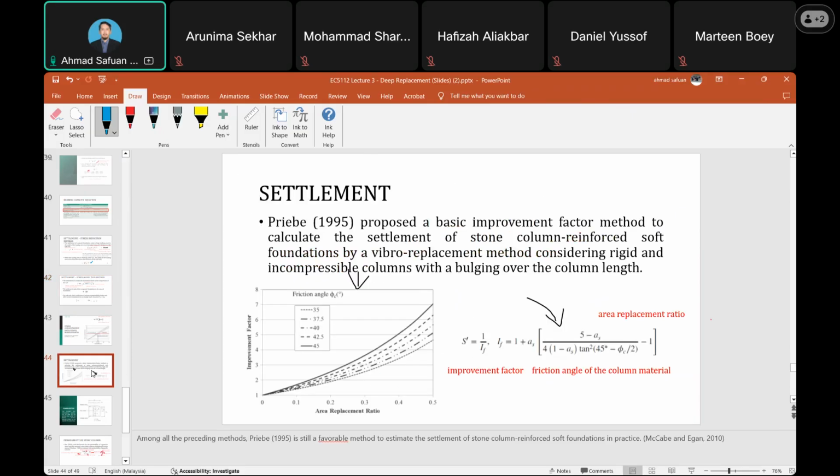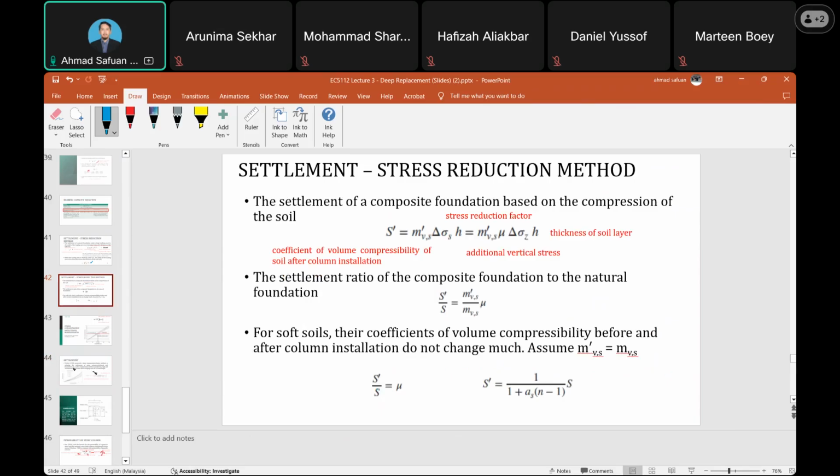So I repeat again, S prime is equal to 1 over IF times S. Once we obtain the value for the S prime, the value should be multiplied with the S to get the settlement of the material.